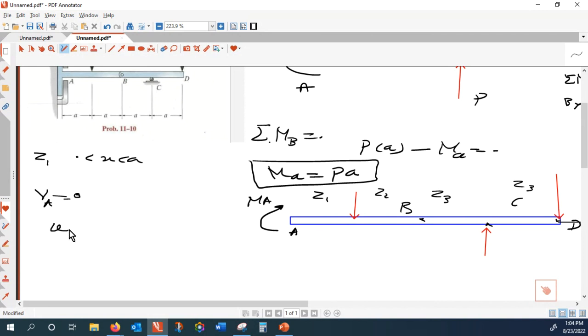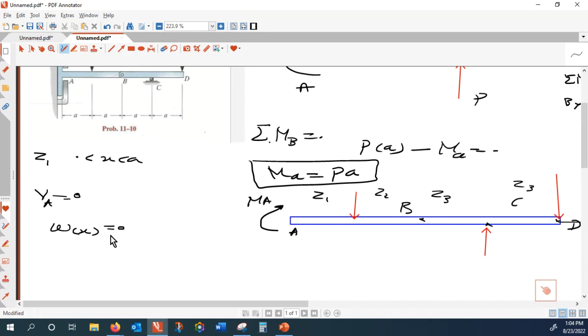And what can you tell me regarding the W of X in the first zone? What is the distributed load? In the first zone, I don't see any distributed load, do you? So that W of X is zero.